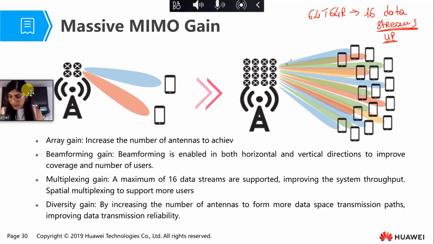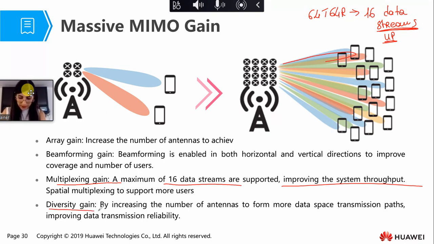And each user, as you can see from here, has its own beam. So the user experience is increased. So we have the multiplexing gain. 16 data streams are supported, and we can increase the system throughput.